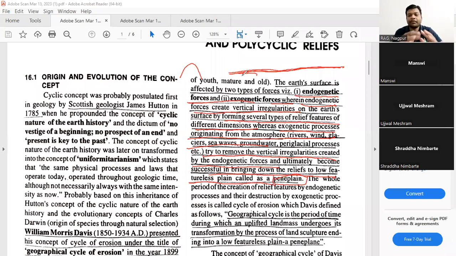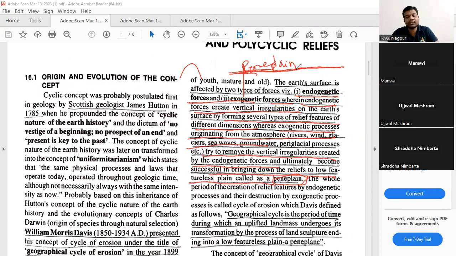So a flat plane which is completely featureless, which does not have any undulation, any crack, any joint, any intrusion, will be called a peneplane.